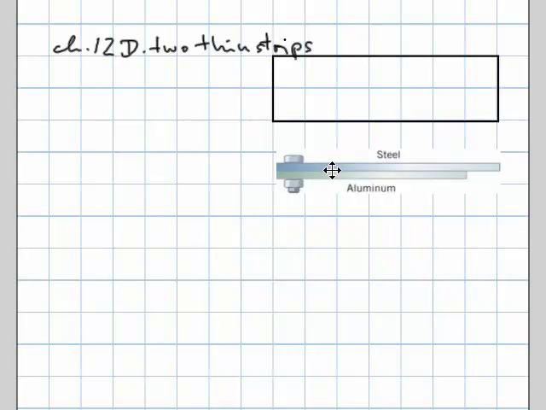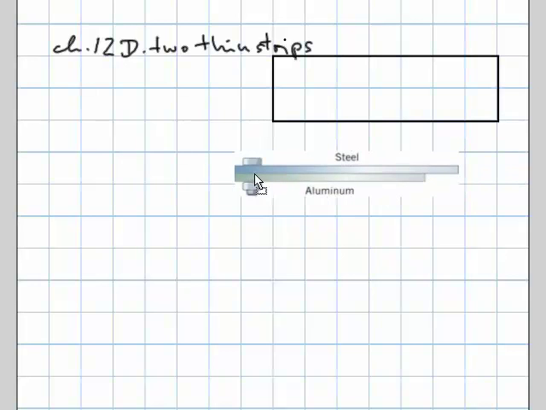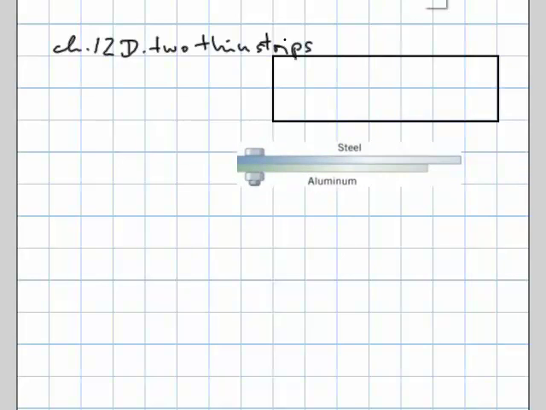That means they can expand independently, and the drawing looks exaggerated here. Maybe this looks like almost 10%, but the idea is that the aluminum is expanding more over a given temperature interval than the steel, and when the two are done, they're going to reach the same point at the end.